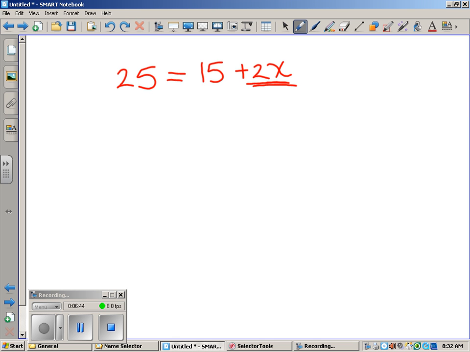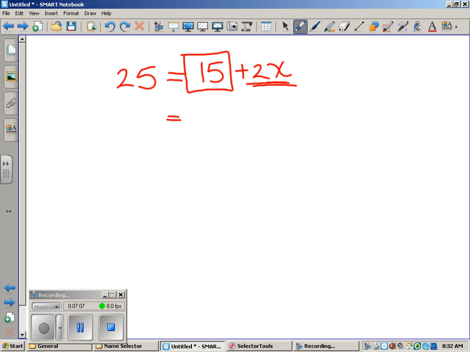The first thing we have to do is get rid of the addition or subtraction. So what we are going to be looking towards is this right here. Now, a small mistake that some kids will make is that they'll assume different things, but we know that that's positive. It's 15. So to get rid of plus 15, we have to subtract 15.